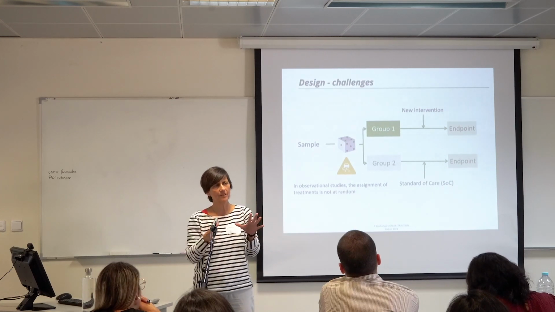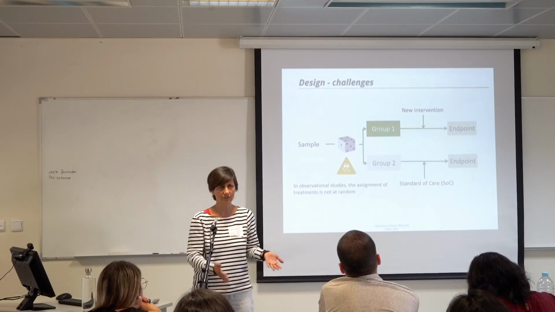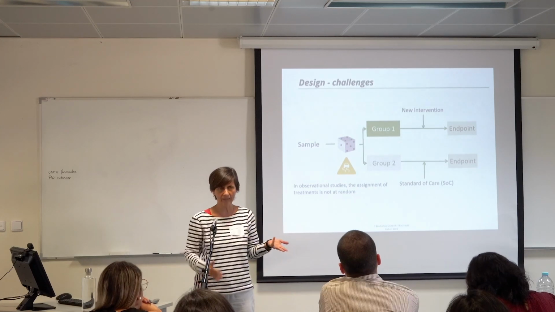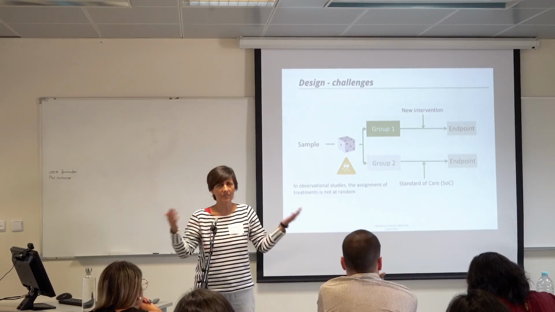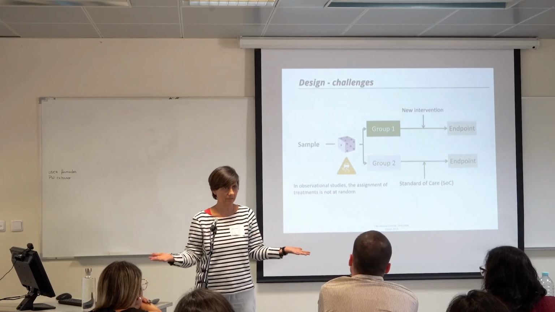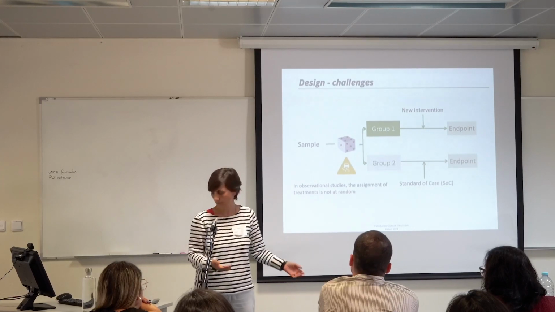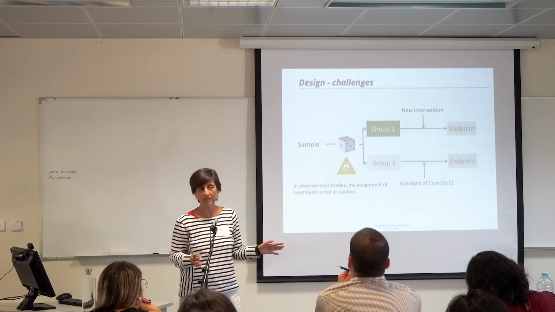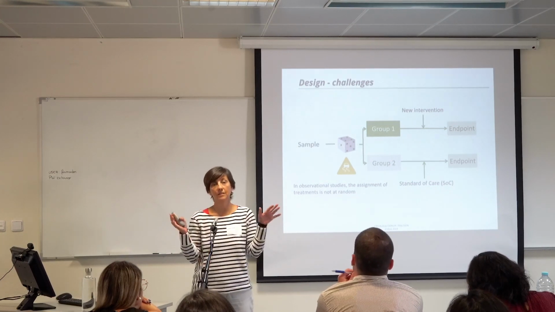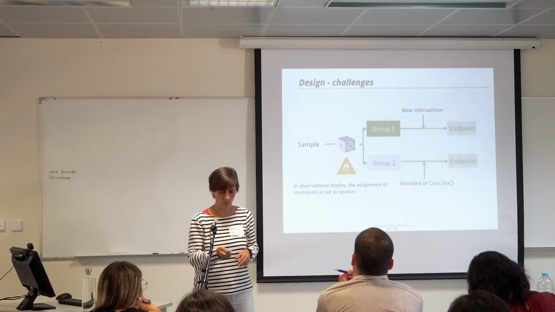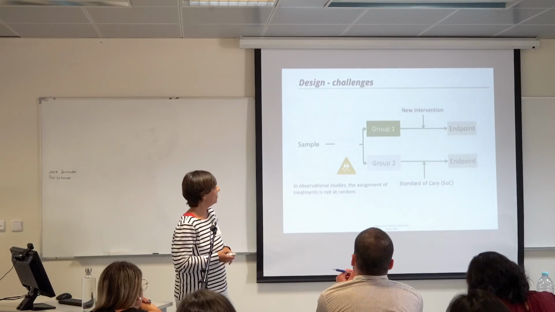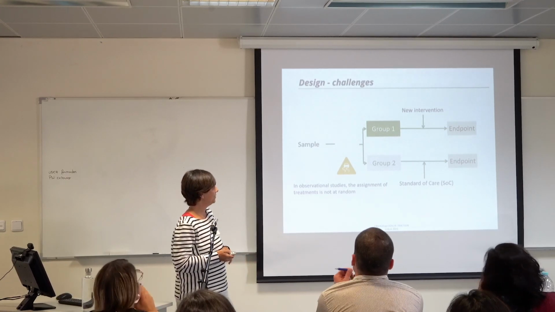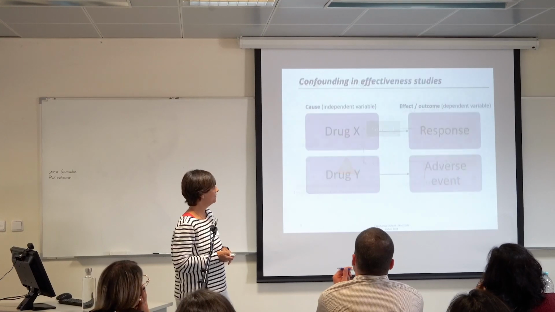Because sometimes, if we do not have randomization, if everything is unblinded, actually you are having just an observational study, right? You are just watching what is happening. And in observational studies, the assignment of treatments is not at random. This is a big, big, big problem, okay? So what can we do? There's no randomization at all.